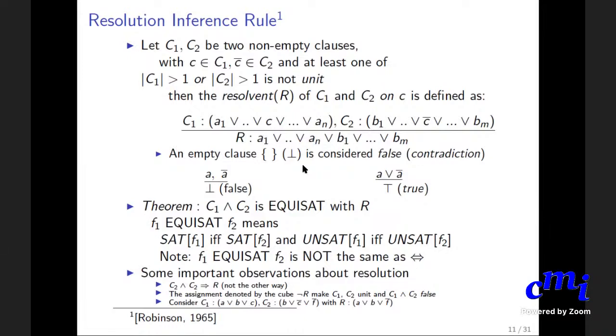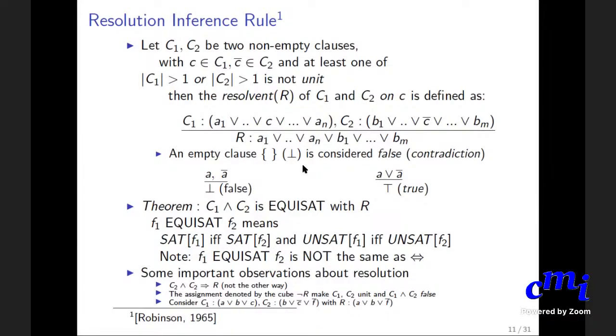The resolvent need not imply C1 and C2, because there is a way to make R true and yet pick a conflicting value for the conflicting clause in a way that makes C1 and C2 false, and that's why the reverse is not true.